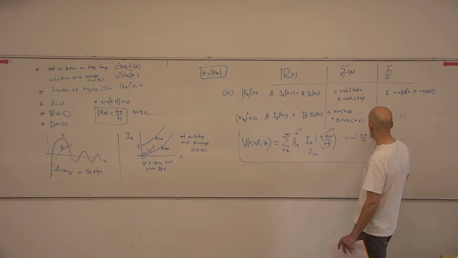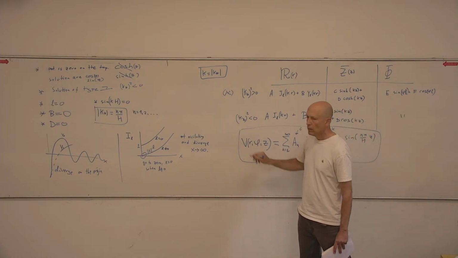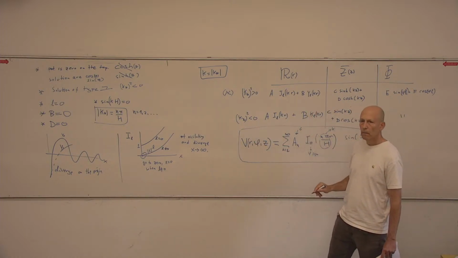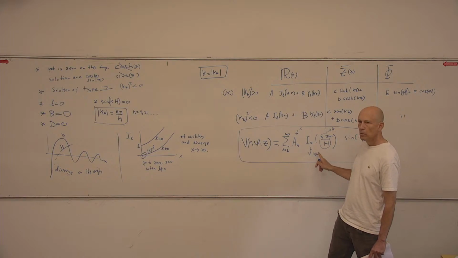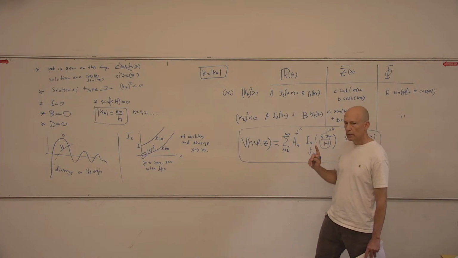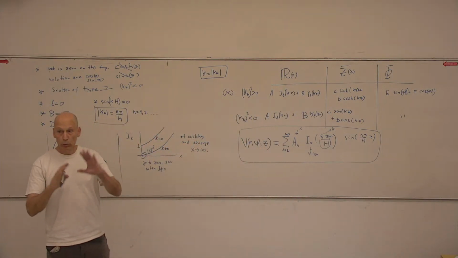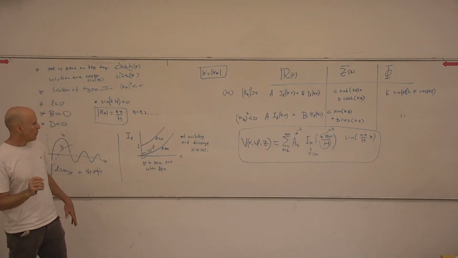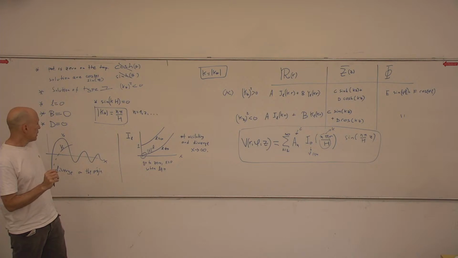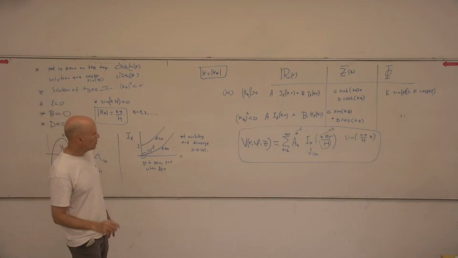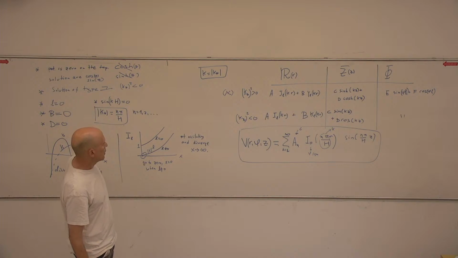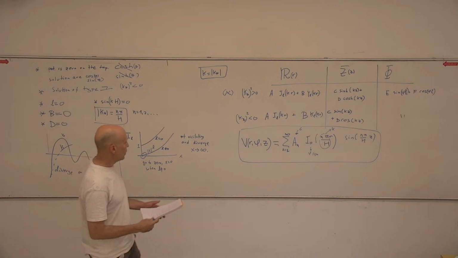Yes, what is the question? We don't need to separate the solutions because this I diverges when we look at R infinity. Yes, exactly, you are right. However, we don't need to worry about this. We have a boundary condition. We don't care about infinity.